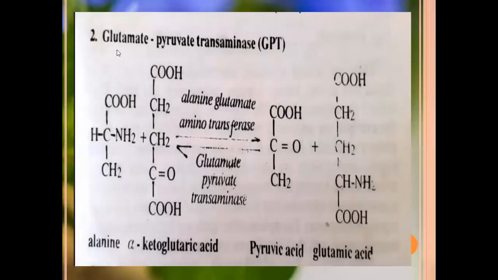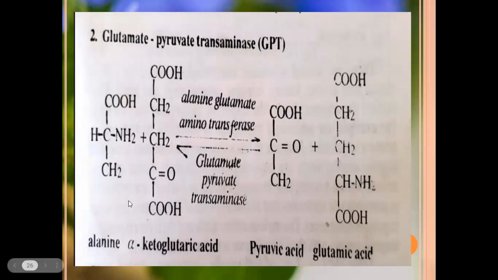The second one is glutamate pyruvate transaminase, simply called GPT. Here one amino acid is alanine, containing an amino group, and the keto acid is alpha ketoglutaric acid. Transamination means the amino group is transferred from an amino acid to a keto acid.